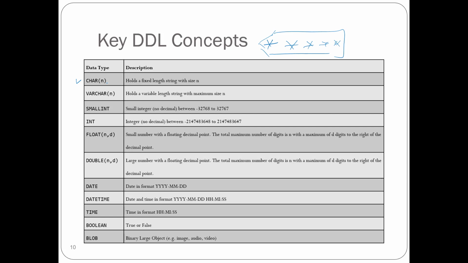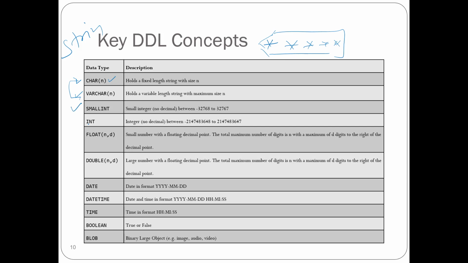We have char n, that is for a string of size n characters. And here the size is fixed. We cannot have variable data fields. So if you say char 10, then your record will use all 10 characters if n is 10. Now we have a more flexible version, which is varchar, and these two data types are for strings of characters.